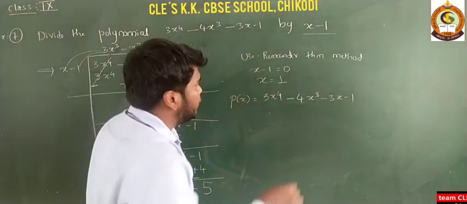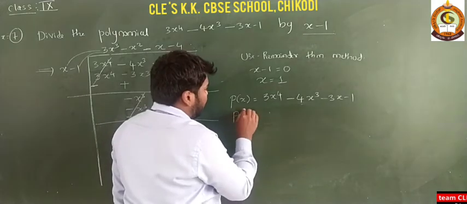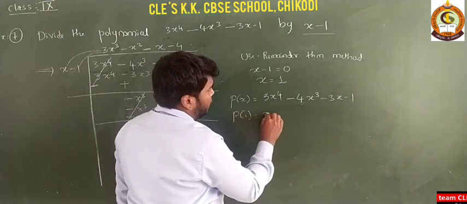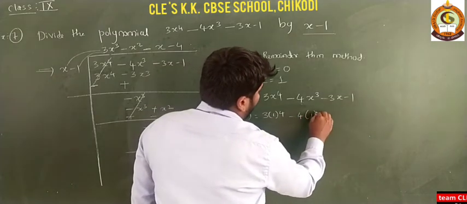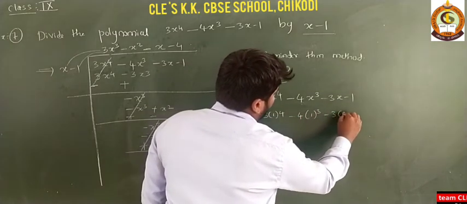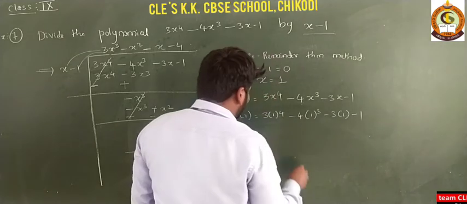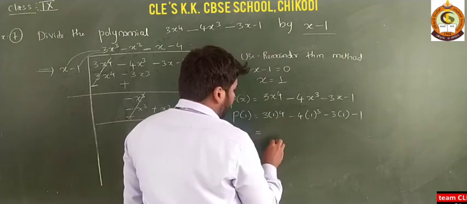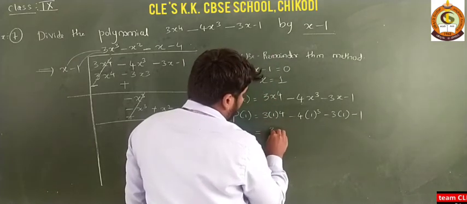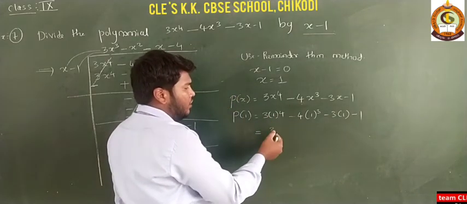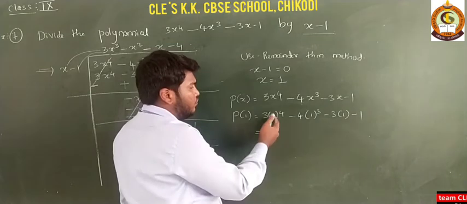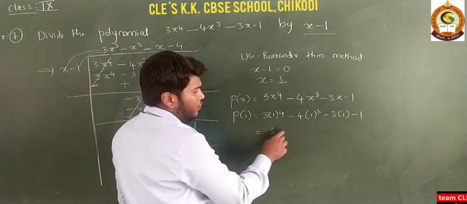Okay, so now put x equals 1, it is p of 1, it is 3 of 1 whole raised to 4 minus 4 of 1 raised to 3 minus 3 of 1 minus 1. Okay, so 3 into 1 raised to 4, that is 3. Whenever the exponent is even, the number will always be positive. So this is 3, 1 raised to 4 is 1 only.